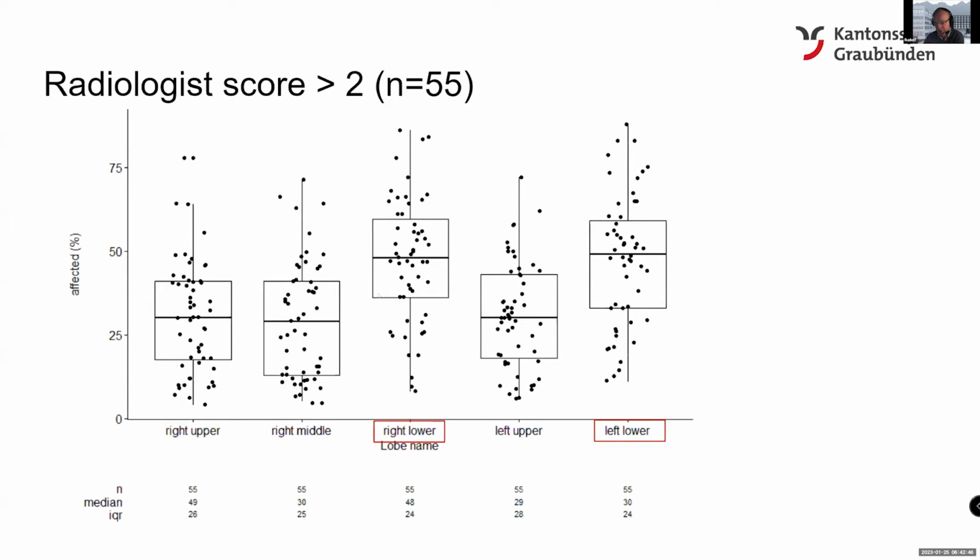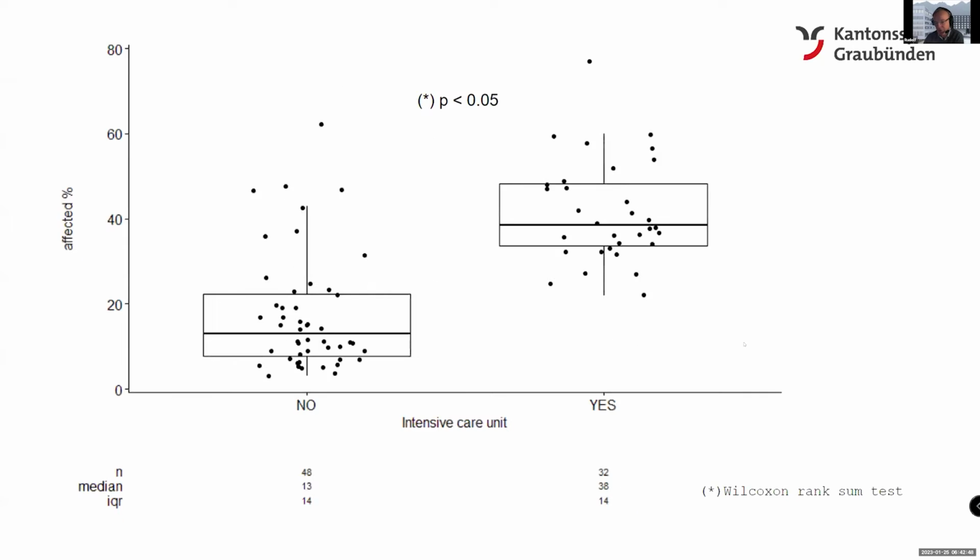Then you see the differences become even more marked. And last but not least, the computer can already predict the need to take the patient to the intensive care unit. This is highly significant, the difference between no intensive care and yes intensive care in this data set.